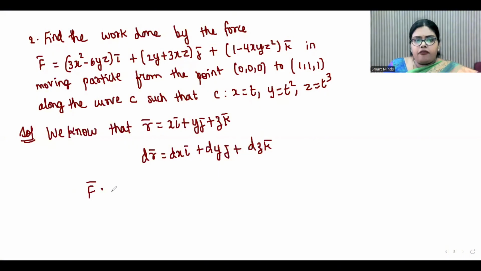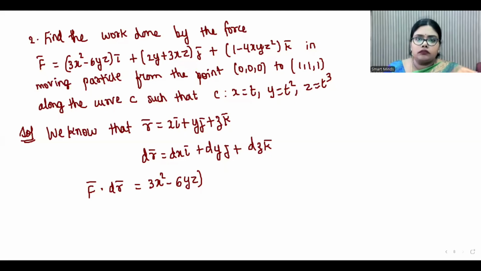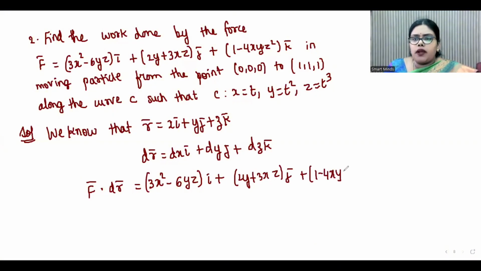Now what is f bar dot dr bar? So f bar is (3x square minus 6yz) into i bar plus (2y plus 3xz) into j bar plus (1 minus 4xyz square) into k bar.